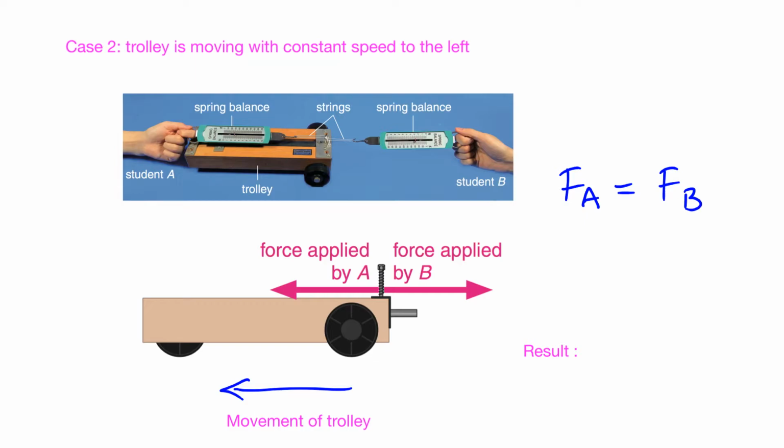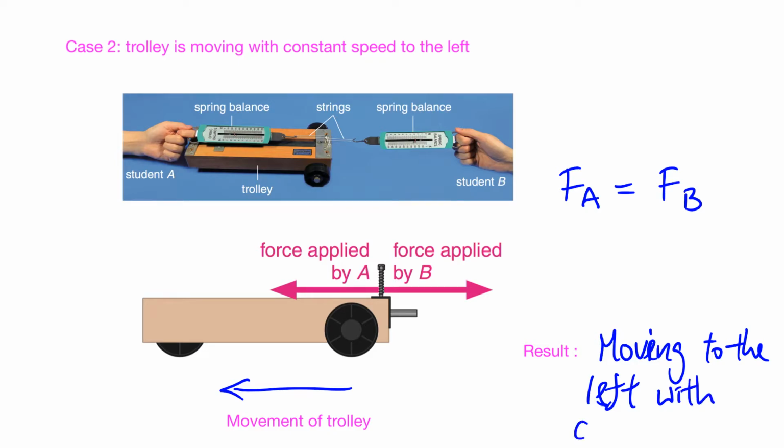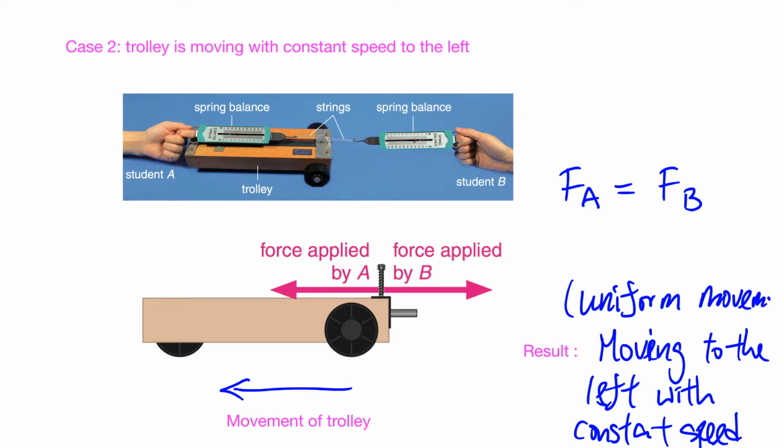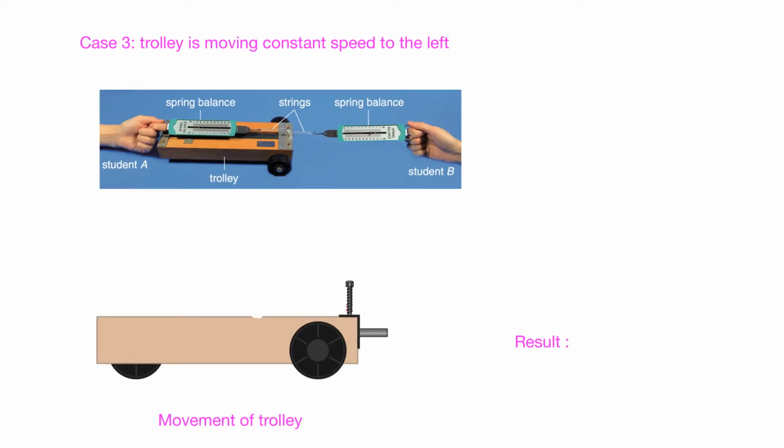So the trolley will continue moving to the left with constant speed. So we'll say that the trolley is having uniform movement.